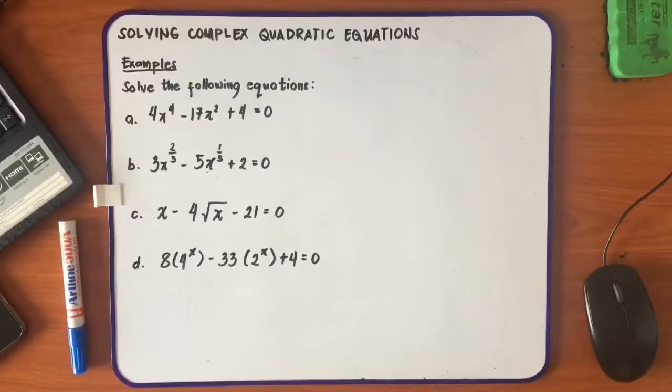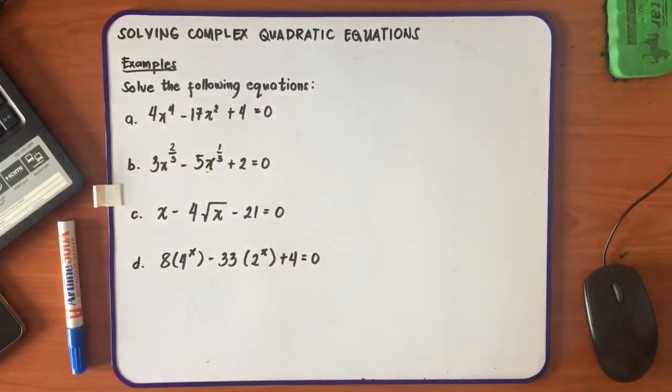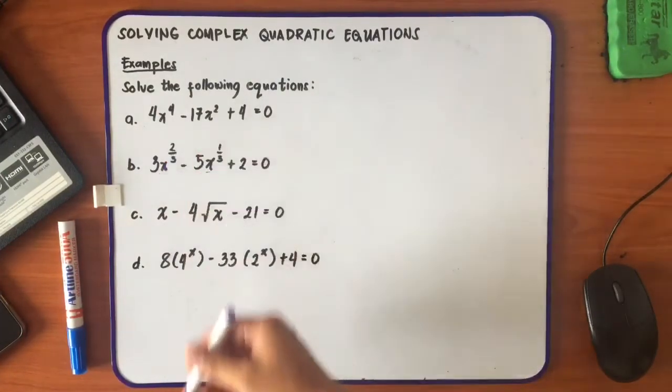Okay, so we are now going to letter B. You already know that we can use substitution in transforming an equation like this into a simple quadratic equation, because this is very complex. And you know that this is x to the power of 2 over 3.